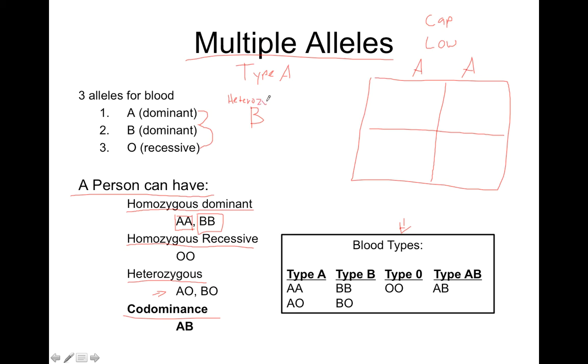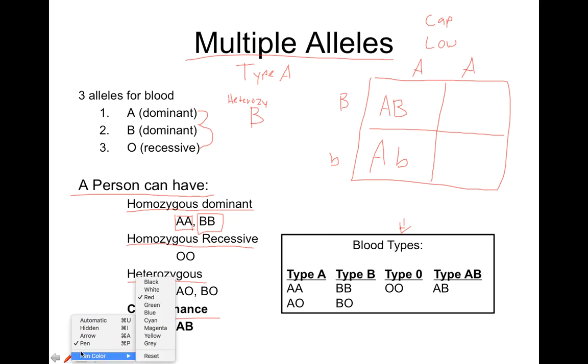If we tried to cross this with a lowercase letter, let's say big B, small b, you will get really, really confused because you will say, here's an A and a big B, crossing those two. Then we drag this A down to here, and we drag this B over. You're going to say, oh, all of them have type AB blood. That is very incorrect.